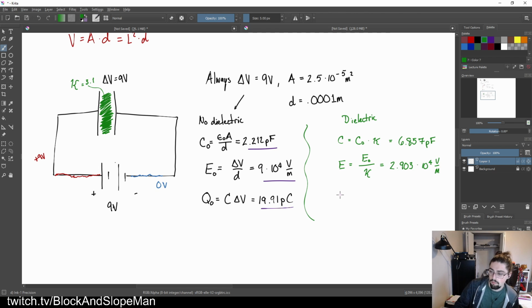And finally, I could take my Q naught, not Q naught, Q of the new capacitor. I'm going to do the same thing here. I'm going to say C times delta V. It's just the easiest way to deal with this. I should find 61.71 picocoulombs.